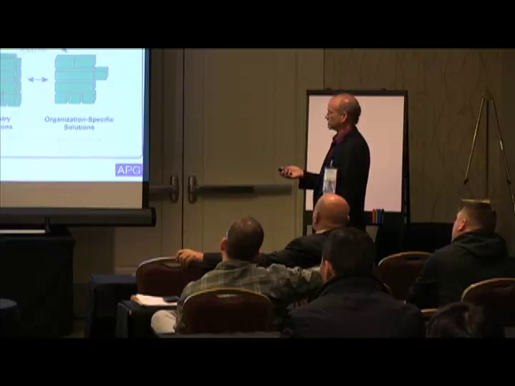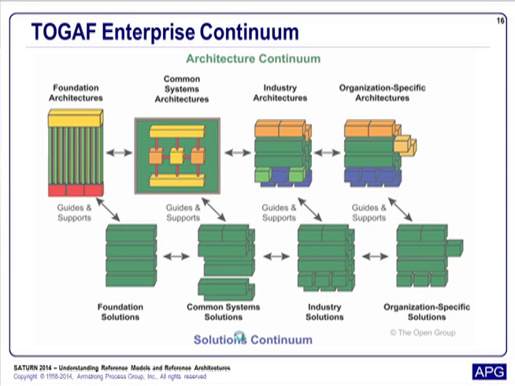One of the ideas is there are two parts of the enterprise continuum, the architecture continuum and the solutions continuum. The architecture continuum is where we put what TOGAF calls architecture building blocks. So these are things that we use to compose architectures. The reason it's called a continuum is because there's this spectrum of either reusability or fit for purpose.